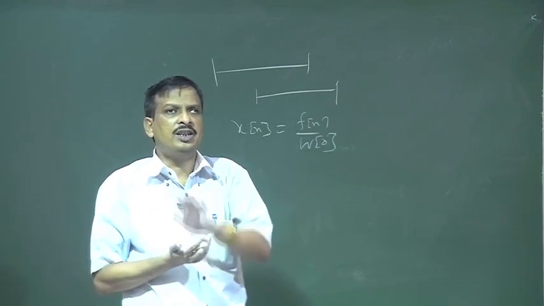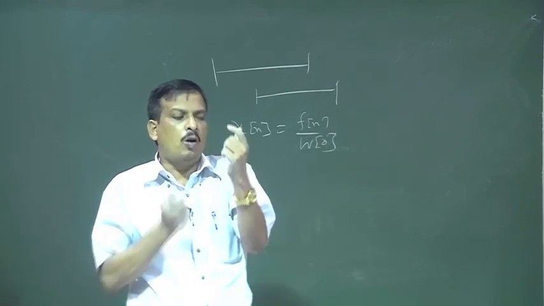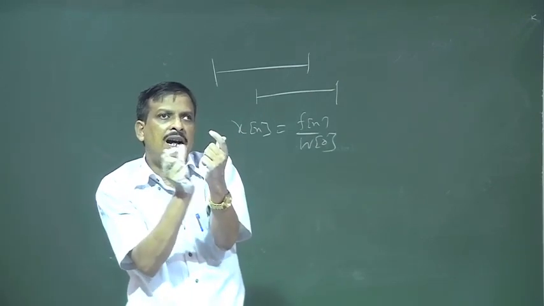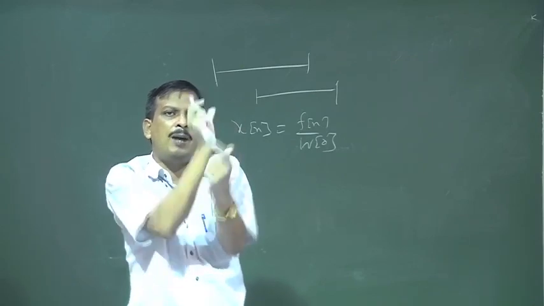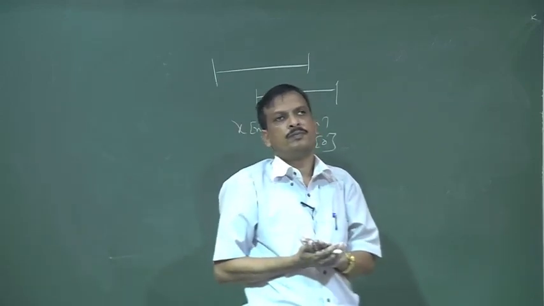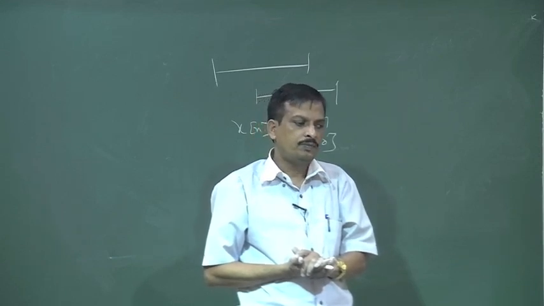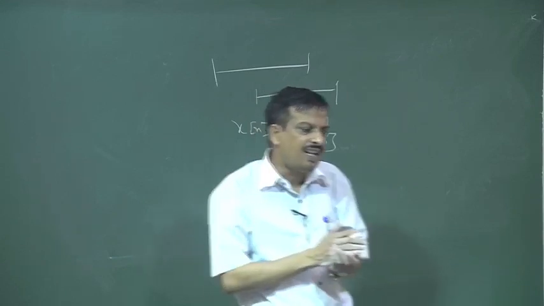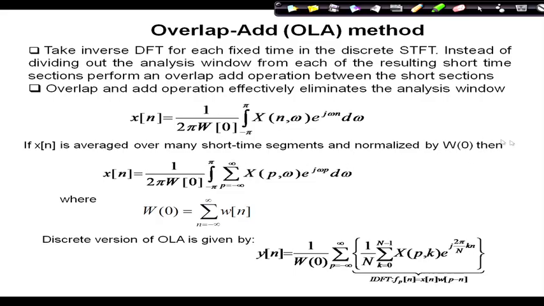Due to this overlap addition, the effect of the analysis window will be removed. So if Xn is the average over many short time segments, instead of normalizing by W0, then Xn is nothing but this one.